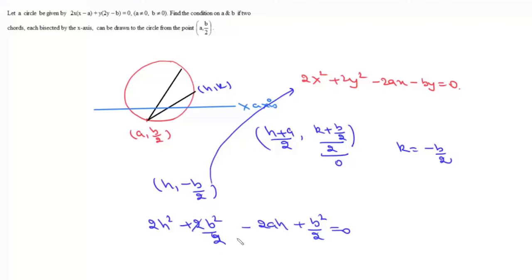Now simplifying, we'll get 2h square minus 2ah plus b square equals 0. Now the condition is there should be two such chords. That means we should have two distinct values of h. So this quadratic equation in h must have two distinct roots, and it has two distinct roots if D is strictly greater than 0.